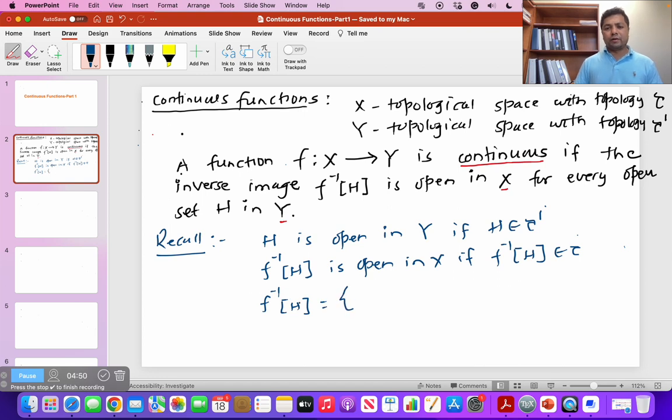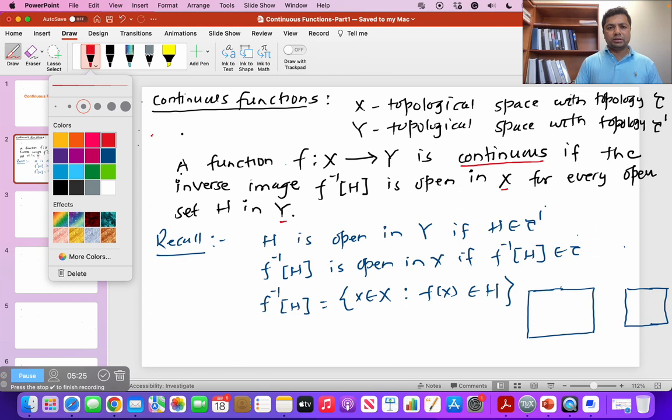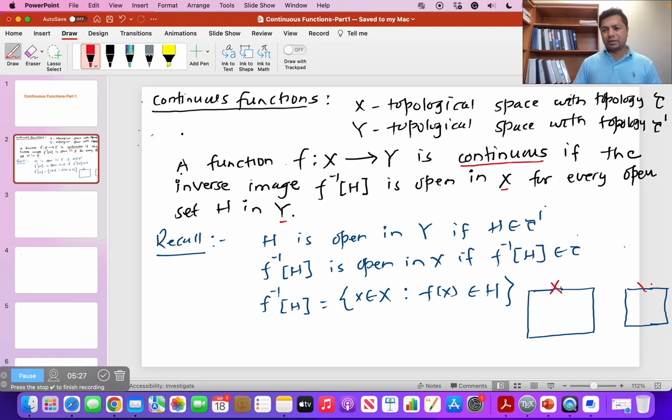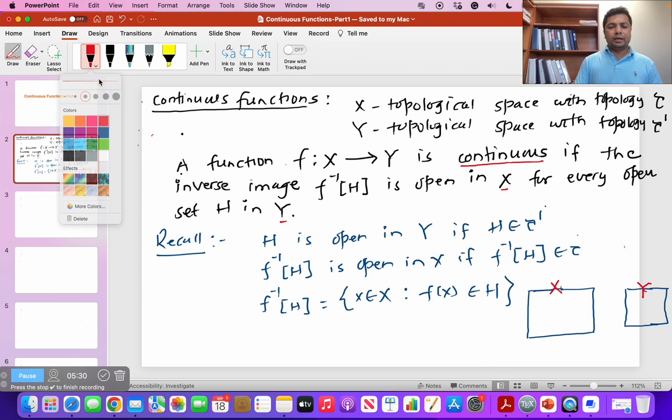The inverse image of H under the function f is the set of all elements x in X such that the image of x under f has to be in H. So basically, let's say we have a topological space X and another topological space Y with their respective topologies.